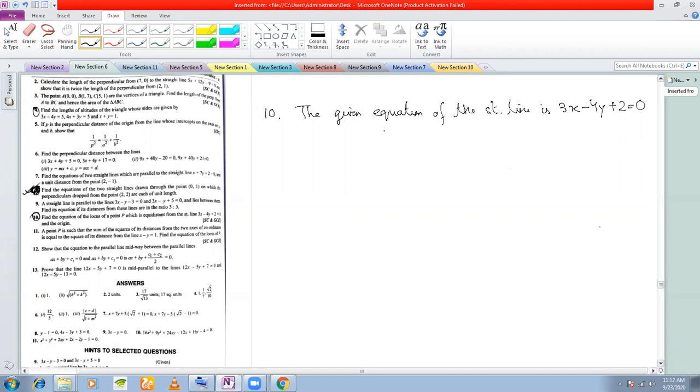So this is the equation. And the origin is the point O.